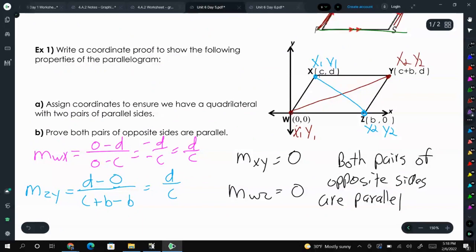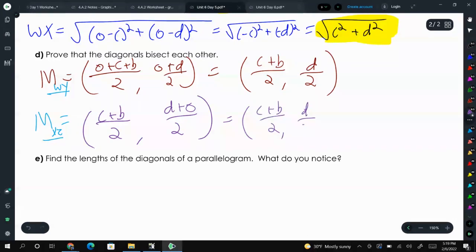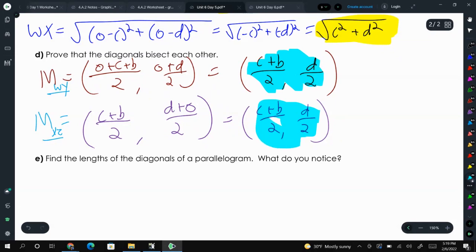So we're going to do C plus B, because we're x1 plus x2, C plus B over 2, comma, it was D plus 0 over 2, which is going to be C plus B over 2, comma, D over 2. And we showed that the midpoints are the same, which is what should happen in a parallelogram.